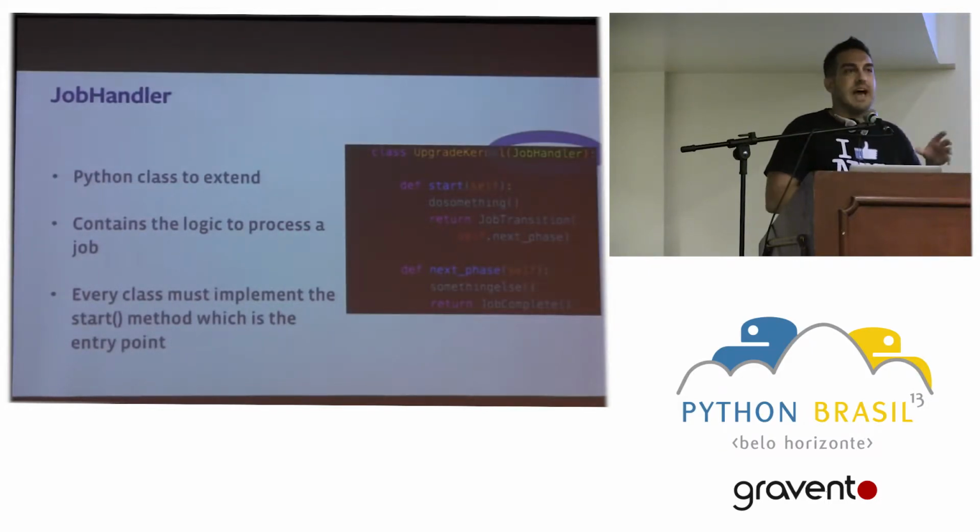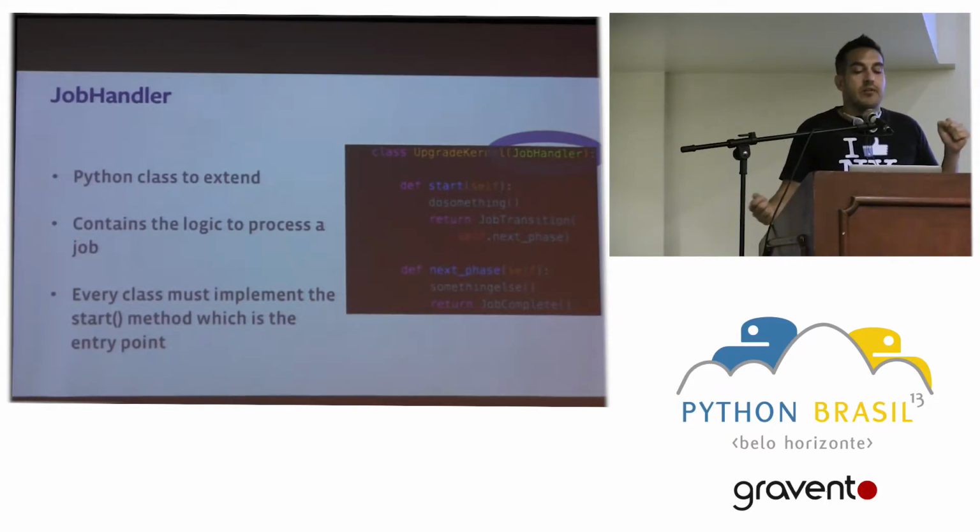Okay, so now we dive a little deeper into the implementation. Job handler is a Python class, as you can see there to the right. It's the class that you have to implement in order to define what logic will be used to execute that job.